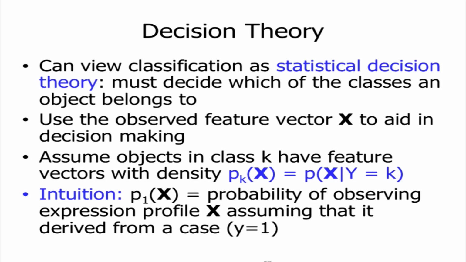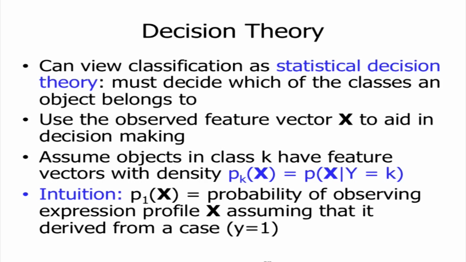More generally, Pk of X is the probability that you observe your gene expression data assuming that the person is in class K. And then, when you have these class probabilities, you can arrive at a classification by simply maximizing them using the maximum likelihood approach, right?